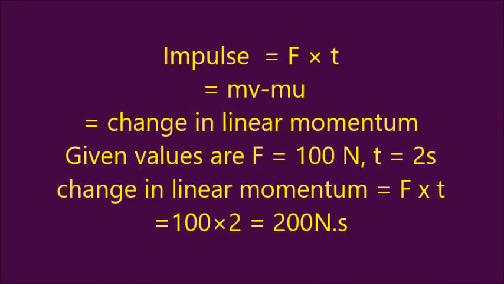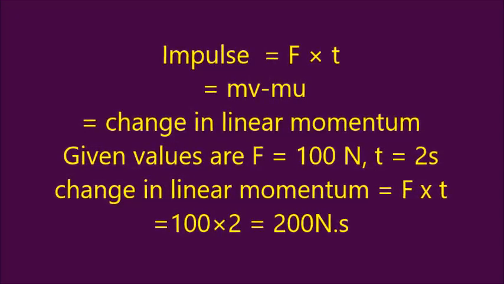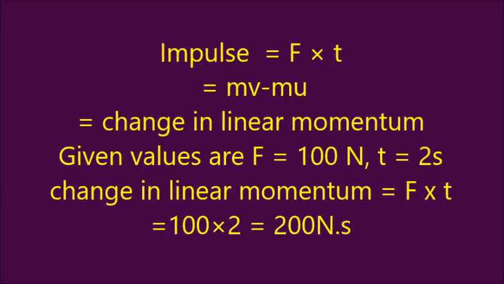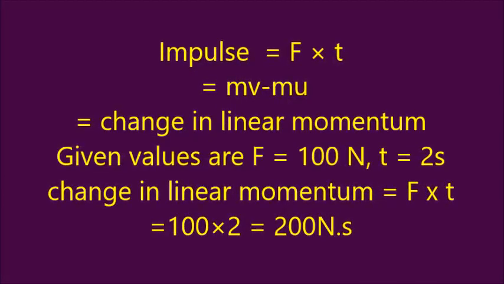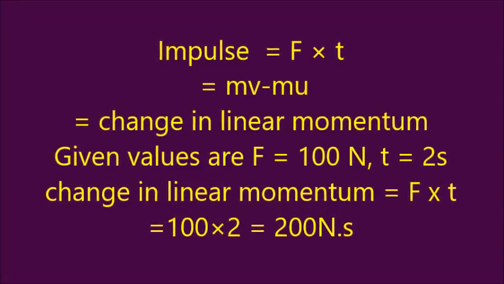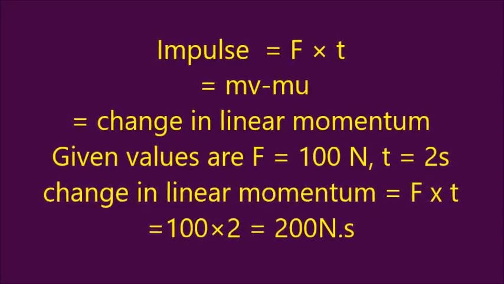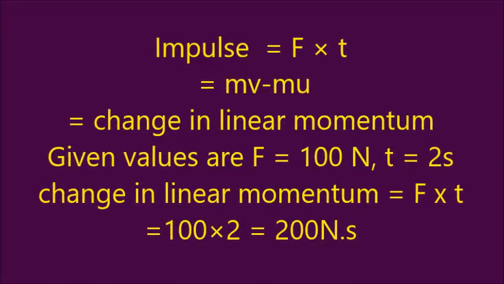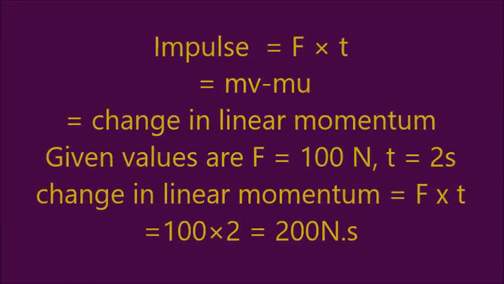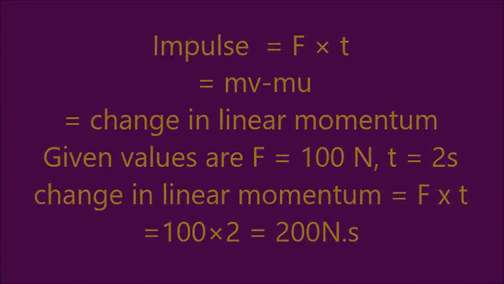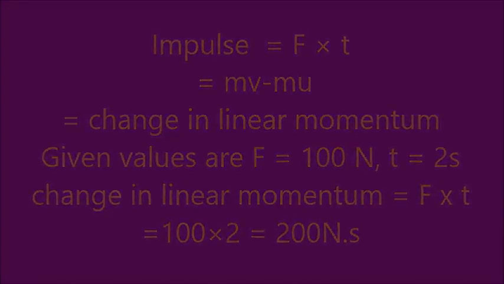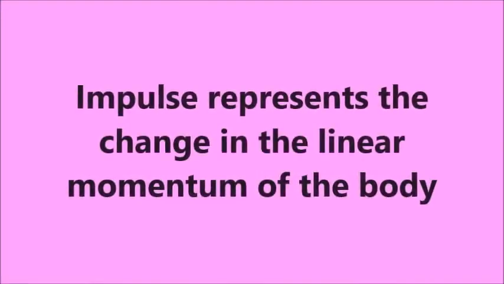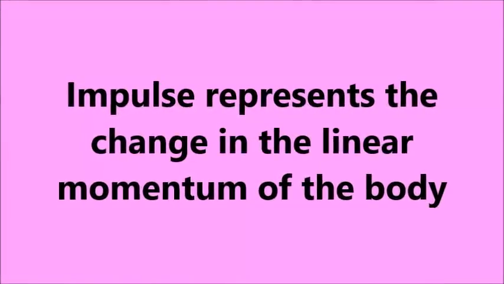Given values are F is equal to 100 Newton, time is 2 seconds. Therefore, change in linear momentum is equal to F into t, that is 100 into 2, which is equal to 200 Newton second. Impulse represents the change in the linear momentum of the body.